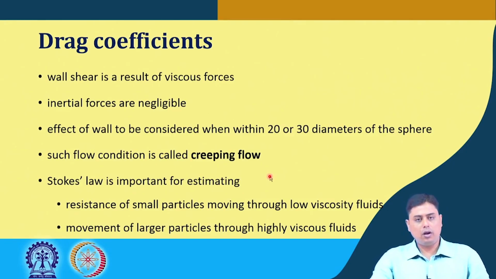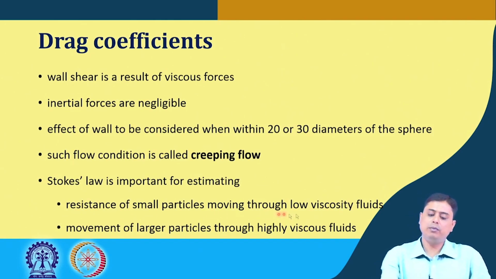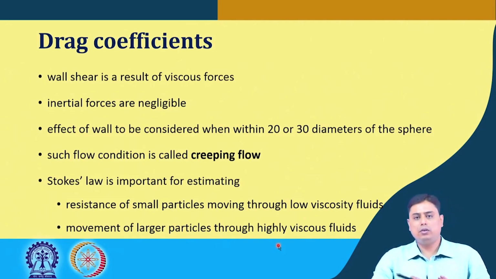Now Stokes' law is important in estimating the resistance of small particles moving through low viscosity fluids and the movement of larger particles through highly viscous fluids. Basically, in such a scenario, you have to maintain a Reynolds number much lesser than 1. By doing such a combination, you ensure your particle Reynolds number values are way lesser than 1.